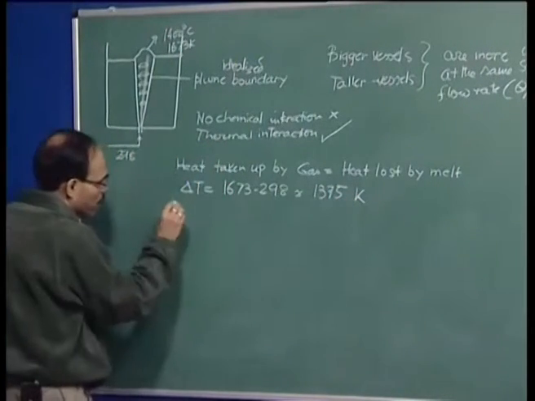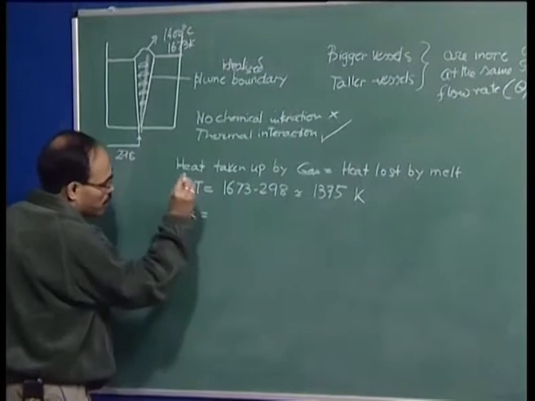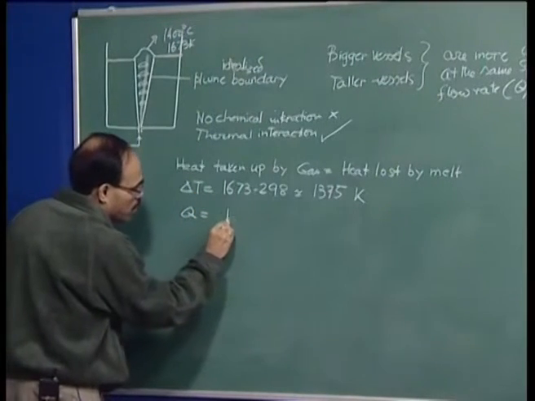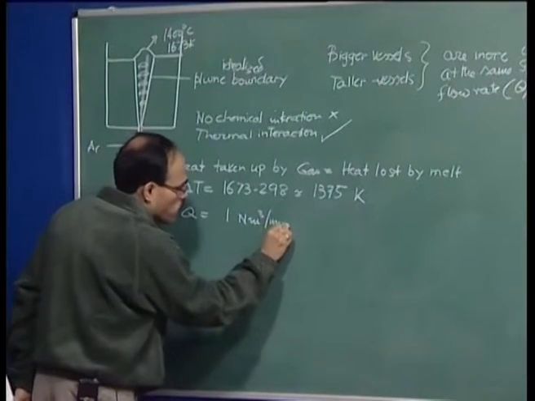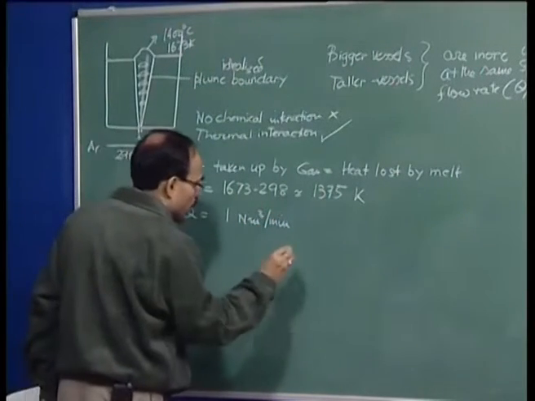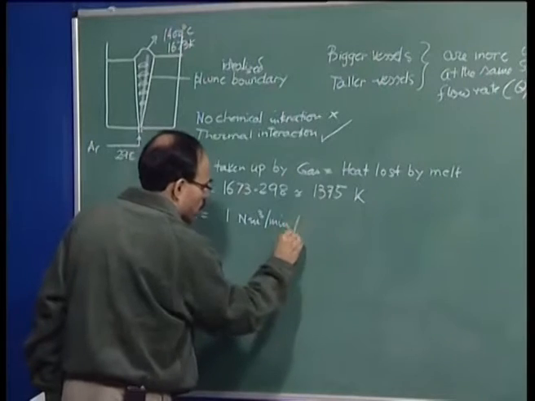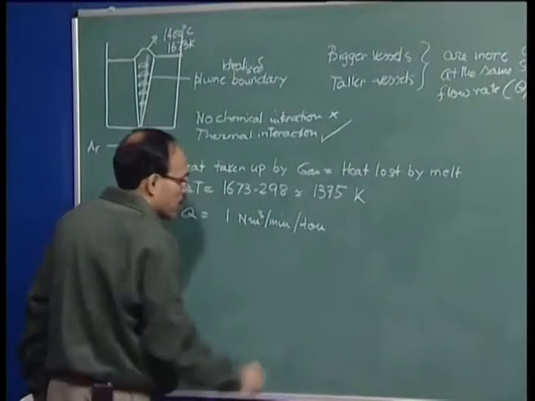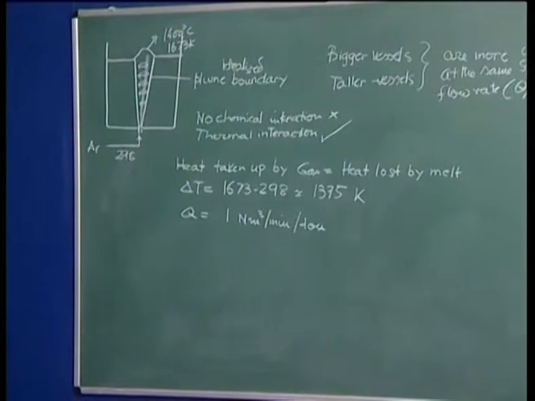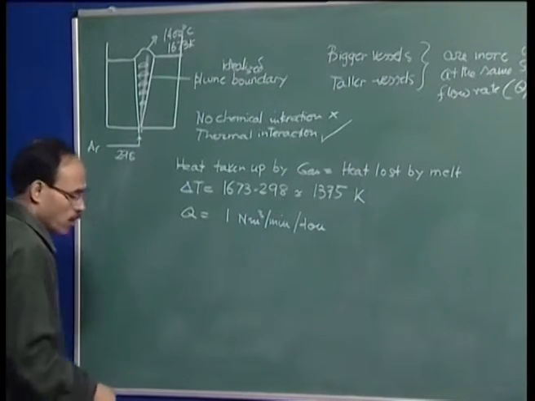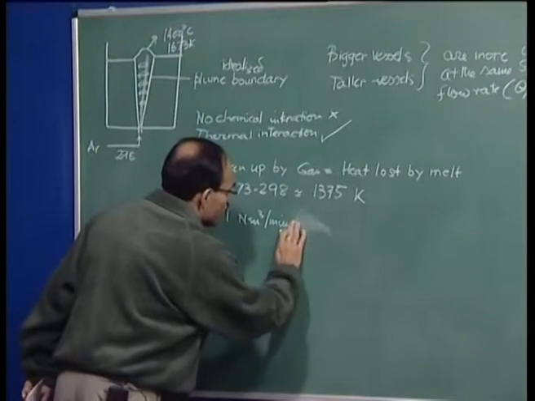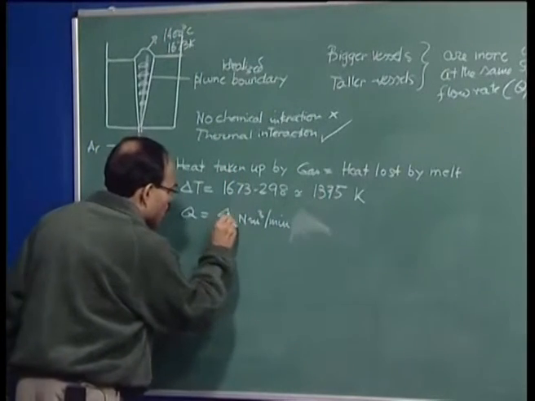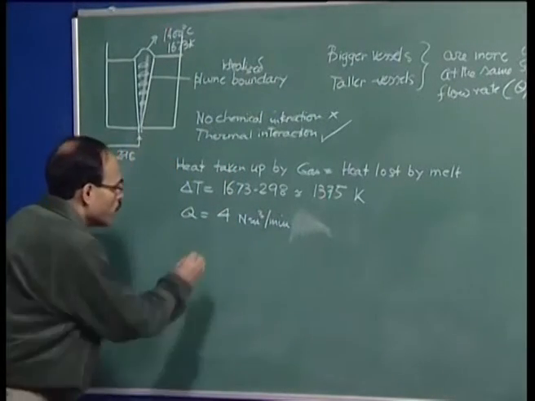If I say that my gas flow rate is something like, say, 1 normal meter cube per minute per ton, let me just do this, 1 normal meter cube per 40 normal meter cube.